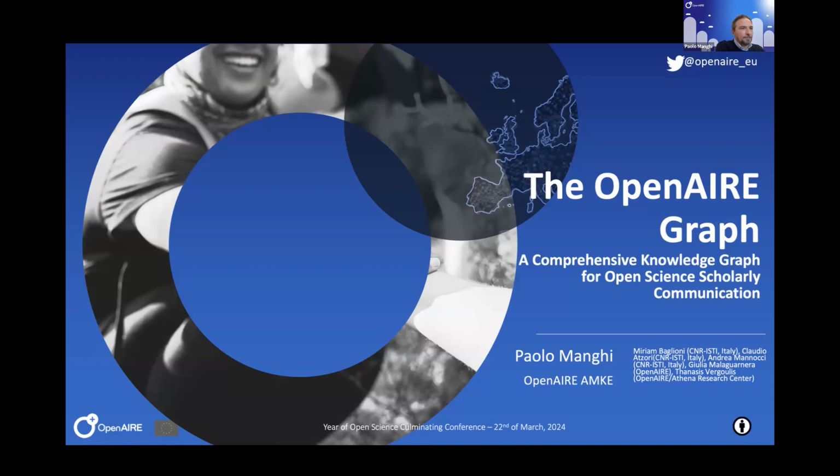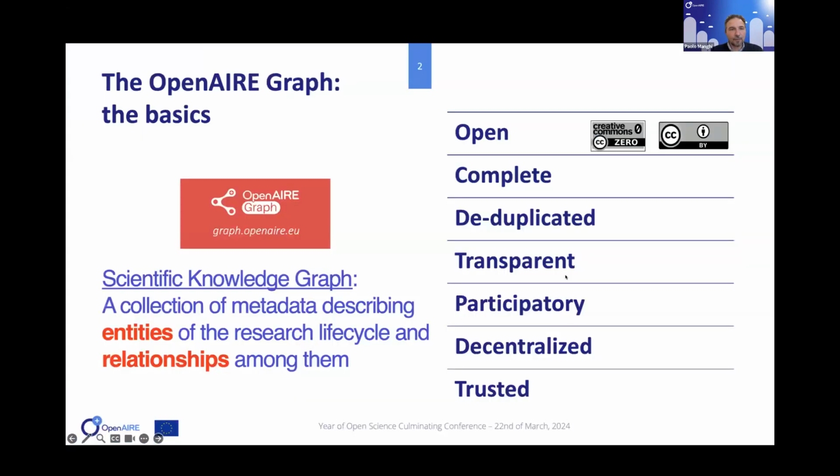Okay, so what I'm presenting today is the OpenAIRE Graph and what it is and how we build it and how you can all use it. For those who don't know, a scientific knowledge graph, an SKG, is a common name now that came up in the community.